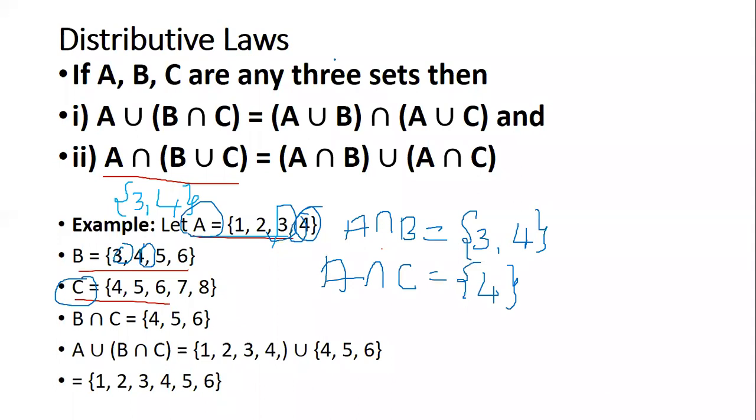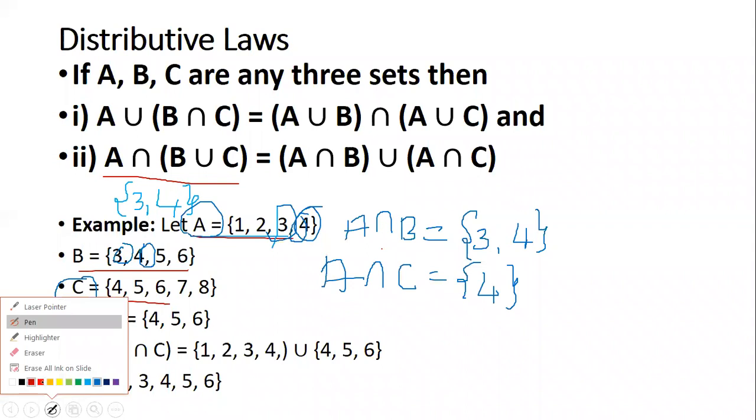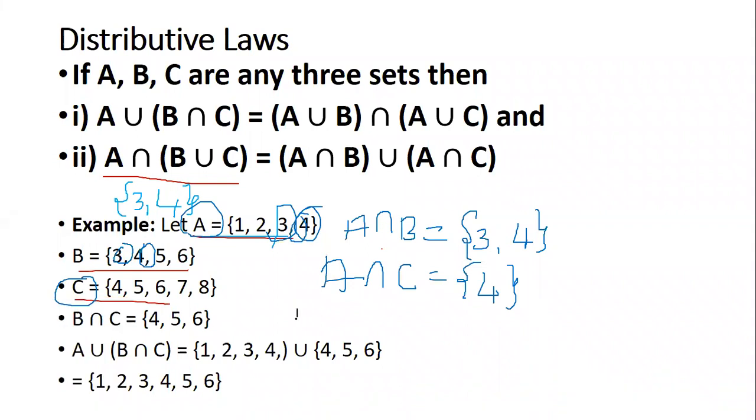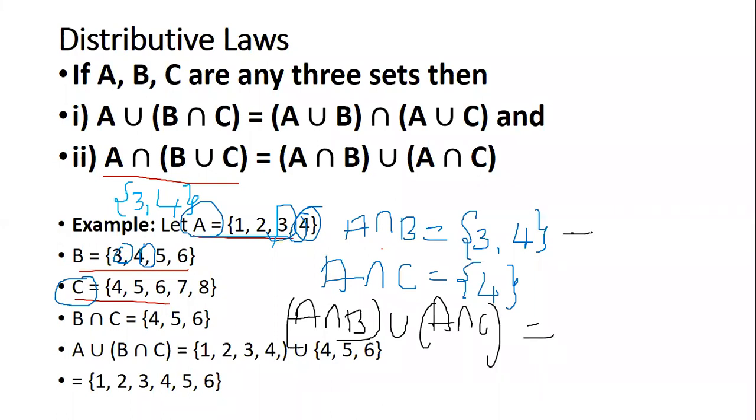Now the last step is we are supposed to find out (A intersection B) union (A intersection C). So compare these two and add the elements. From A intersection B, I'm going to take 3 and 4.